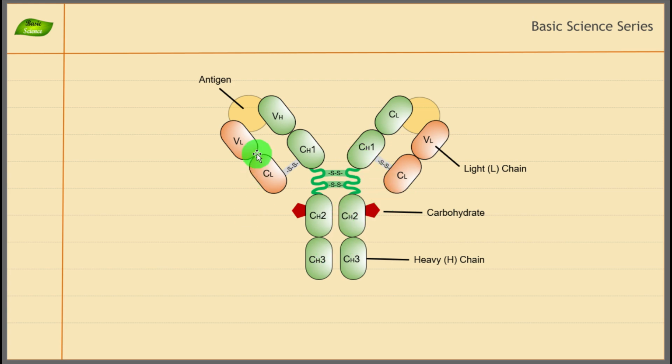This is basically nothing but the hinge region, which is a little bit flexible. So disulfide bonds, 1, 2, 3, 4 disulfide bonds are here. And there are so many structures that are available. I just thought I will draw this one. So you can see this is also looking good, right?